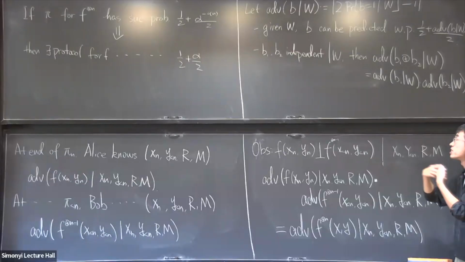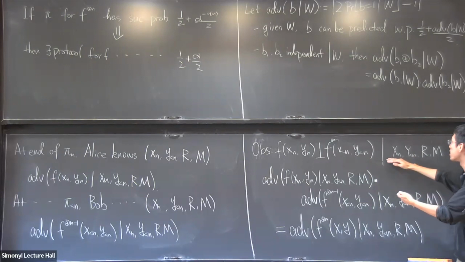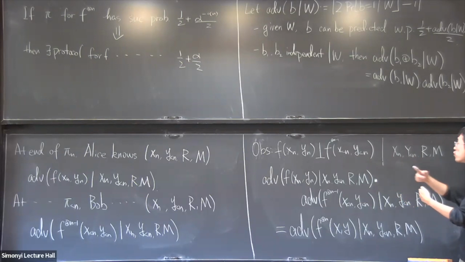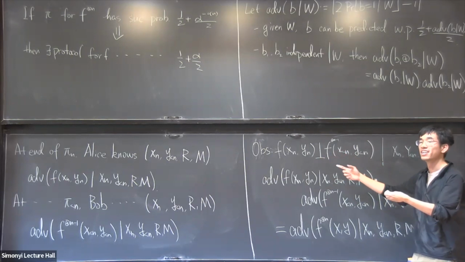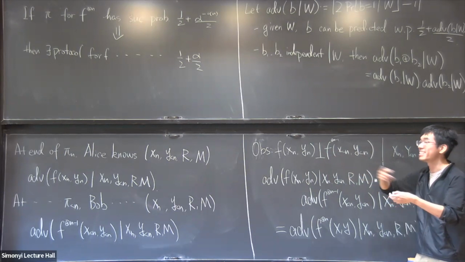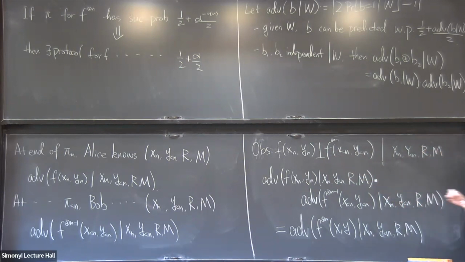Then every time one player sends one message, you can show that, conditioned on these three things, the message only depends on one of these two terms and is independent of the other. So you can literally prove this by induction. The whole trick is getting the simulating pi to be fast.